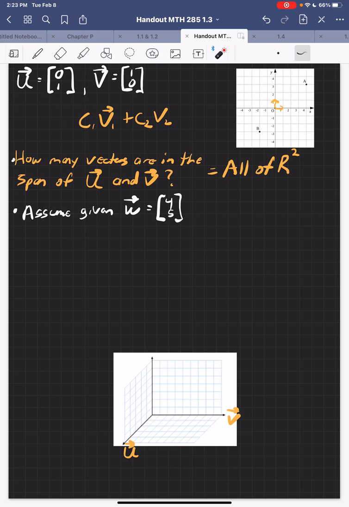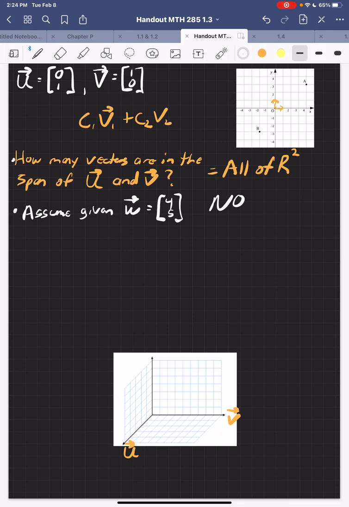Wow, so now instead of having 2 vectors, you have 3 vectors. The question I have for you is, does giving you this extra vector increase the span? The answer is no. If you already can reach every point in R2, how would giving you a third vector in R2 help you arrive at more, increase the span?